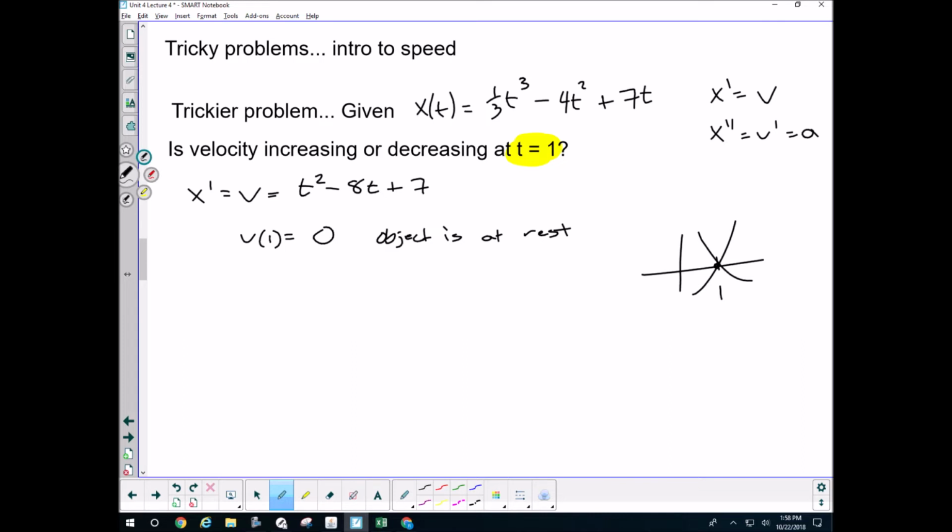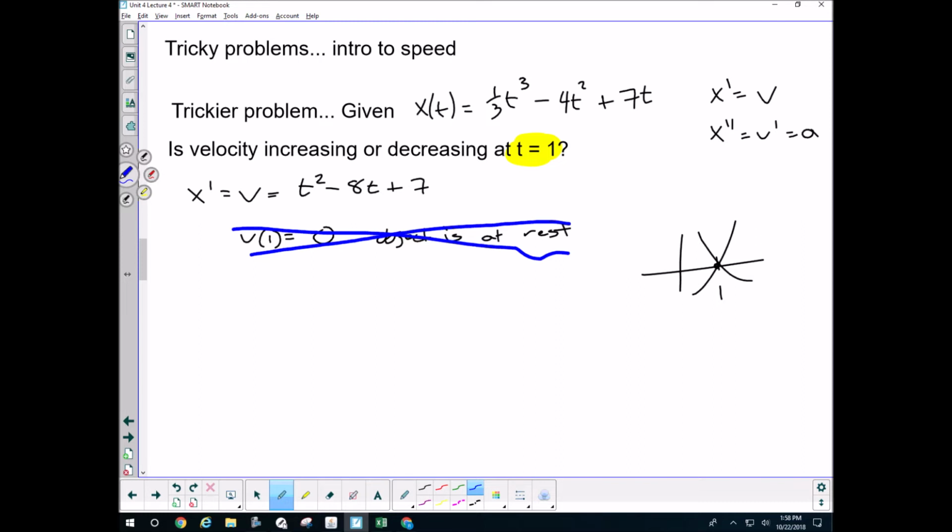Now, that's not the derivative. Everybody thinks of the derivative as like the first derivative. And you're like, oh, this is the first derivative, but this is 0. I'm not increasing or decreasing. No. Something is increasing if its derivative is positive. Something is decreasing if its derivative is negative. So finding that the velocity is 0 at 1 actually means nothing when it pertains to the question.